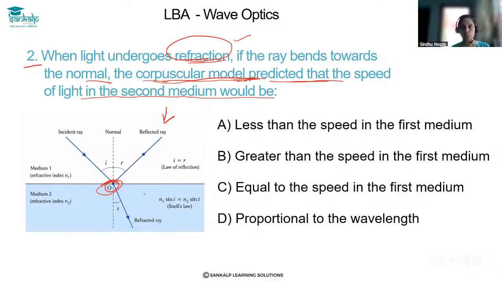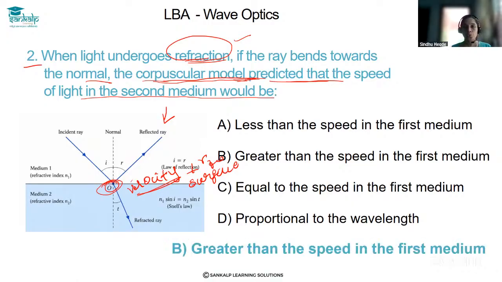Due to this attractive force, the component of velocity perpendicular to the surface increases. So once the particle experiences some attractive force, this force increases the component of velocity, meaning the speed increases. So the correct option is option B, greater than the speed in the first medium.